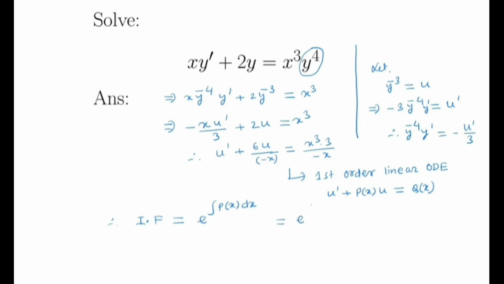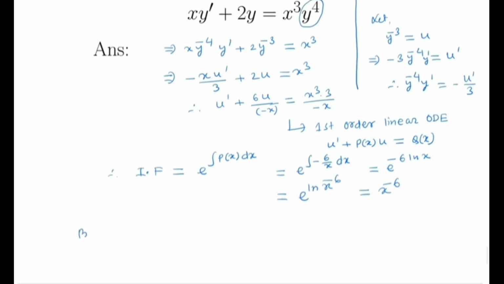And what is p(x)? It is nothing but minus 6 by x. So e to the integral of minus 6 by x dx is equal to e power minus 6 ln x, which is exactly e to the ln x to the minus 6. So it is nothing but x to the power minus 6.